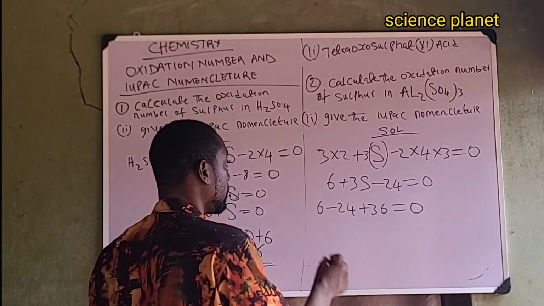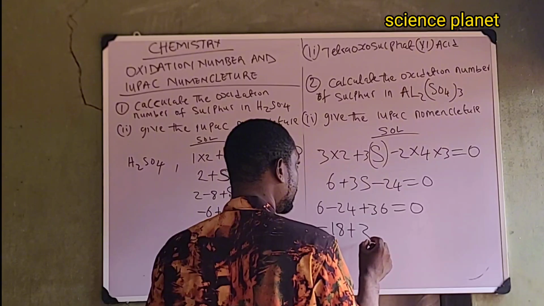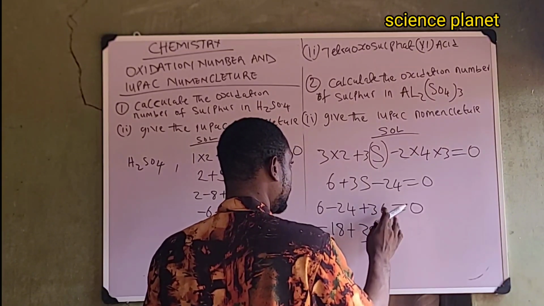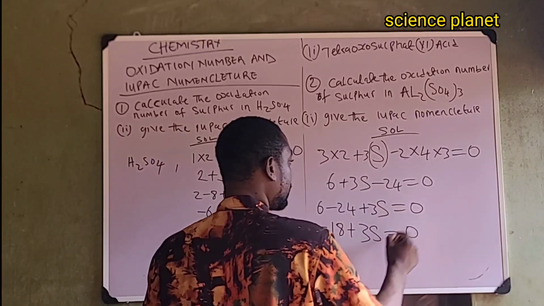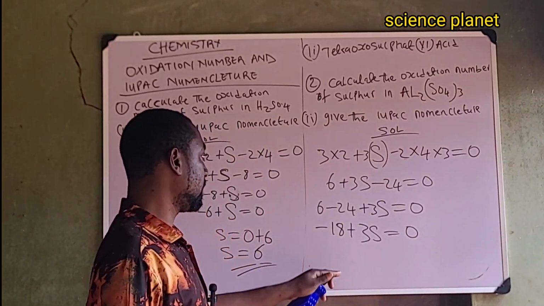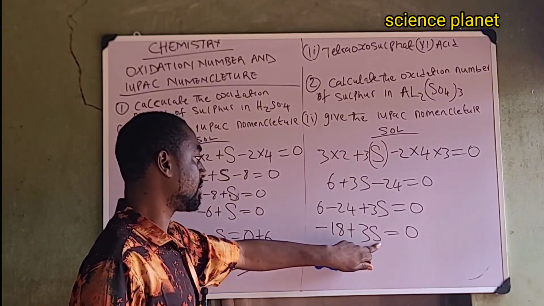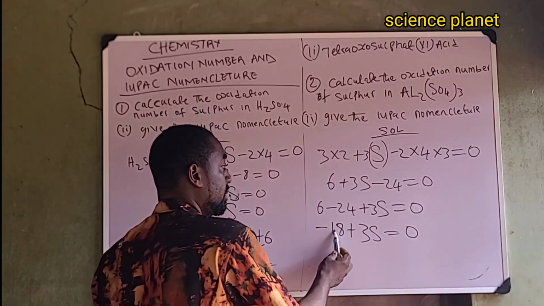So let's do our calculation. 6 minus 24, can you guess the answer? 6 minus 24 will give us minus 18 plus 3s. Sorry for the 36 I wrote, it is 3s. So minus 18 plus 3s equals 0.